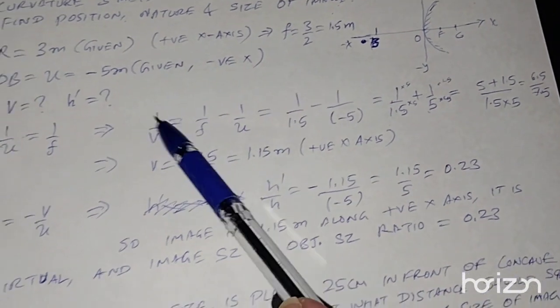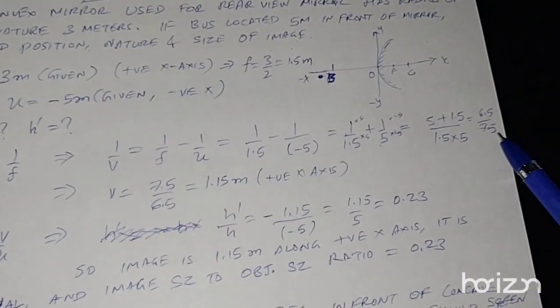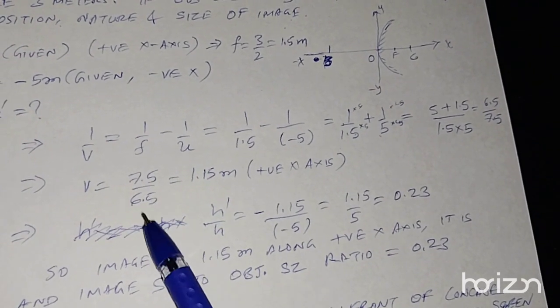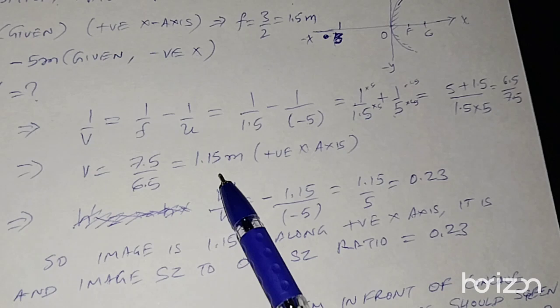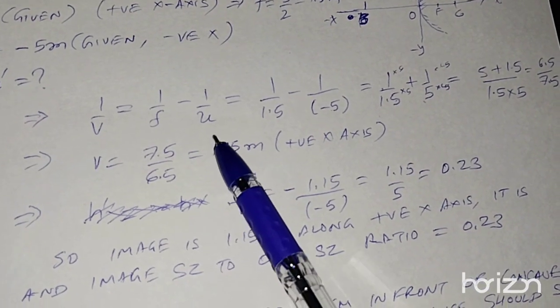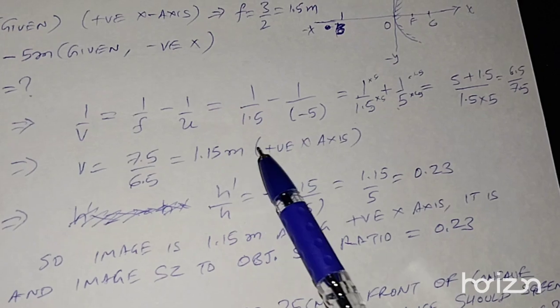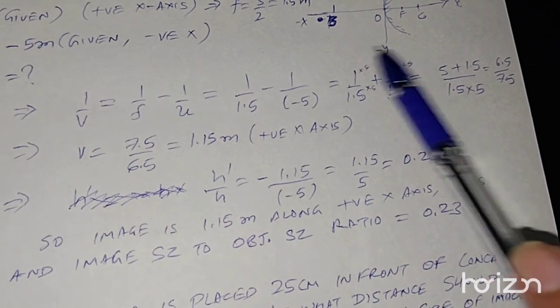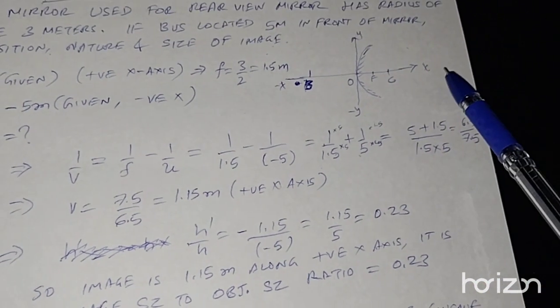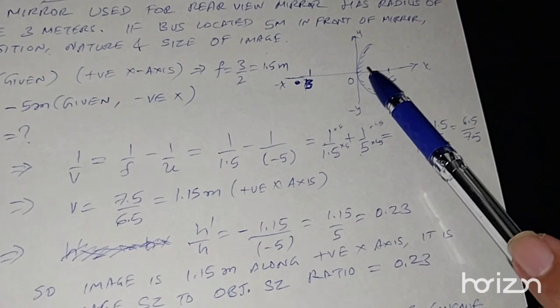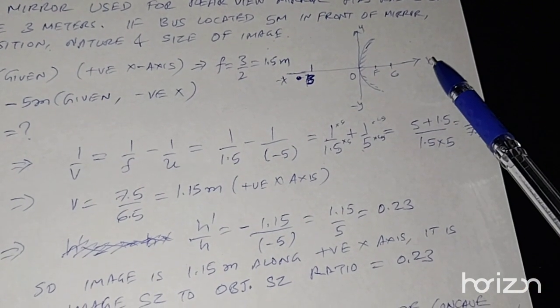Okay, so if 1 by v is 6.5 by 7.5, v is the inverse of that, right? So it's 7.5 by 6.5. Again, by using a calculator, you'll get the answer as 1.15. Okay, now 1.15, we have got it as positive, which means the image is on the positive side of the x-axis, which means the image is behind the mirror.